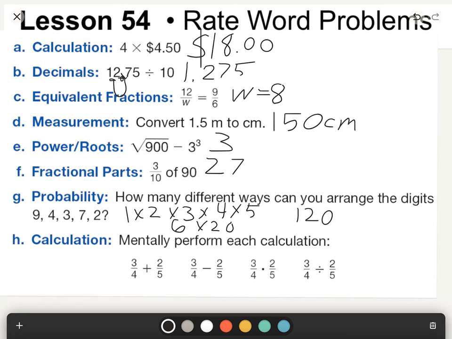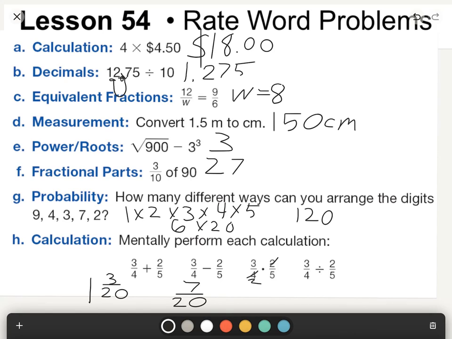Okay, so let's see. These first two will be 20ths. So looking at this, it would be 15 20ths plus 8 20ths is 23 20ths. Improper. 1 and 3 20ths. Then this one would just be 15 20ths minus 8 20ths would be 7 20ths. This one's got a little cross-cancelling.